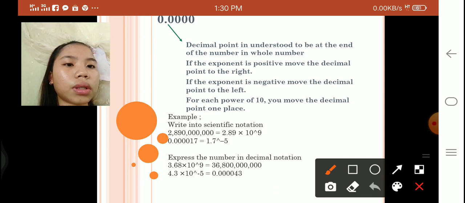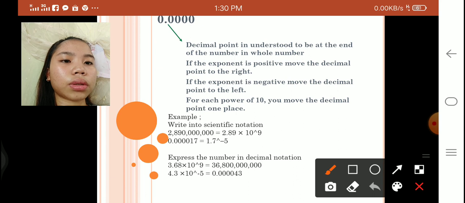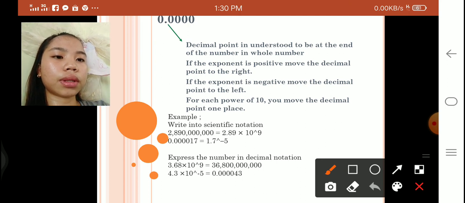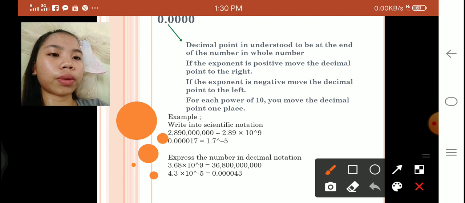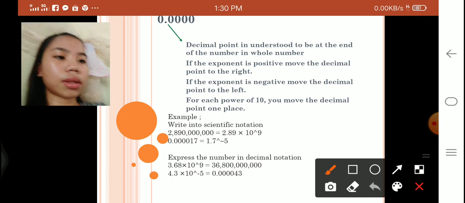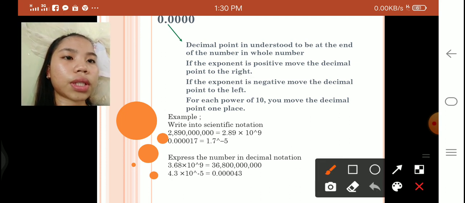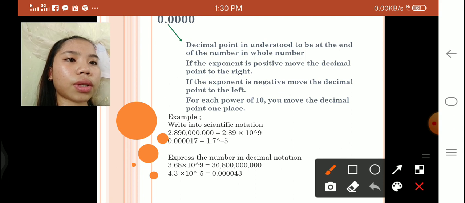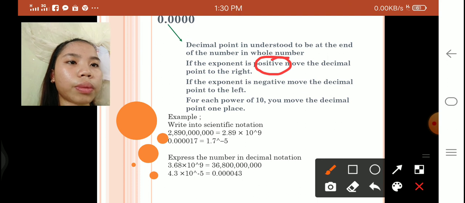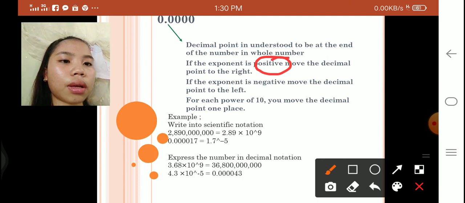Move the decimal point to the right. The exponent is positive, so we move the decimal point to the right.